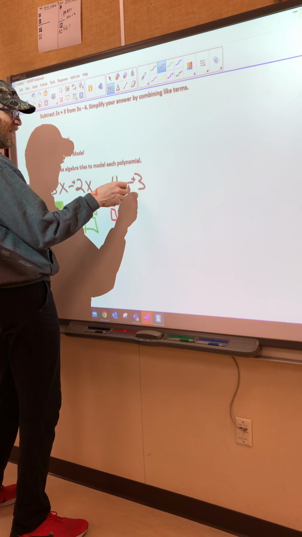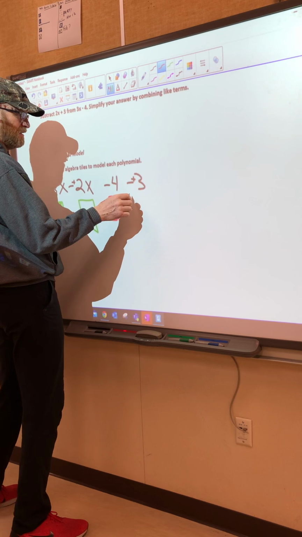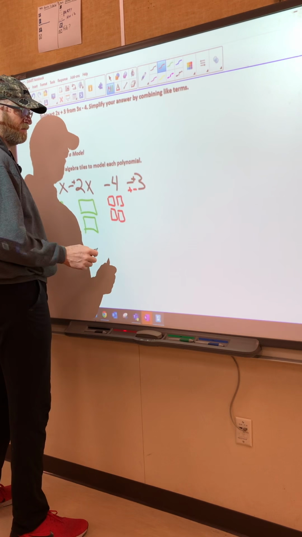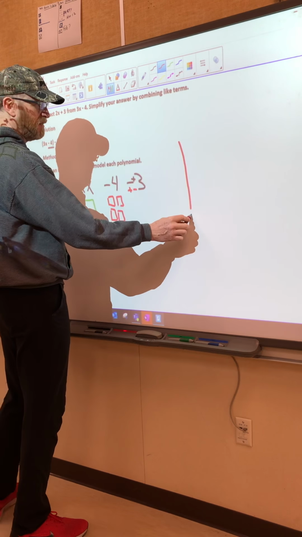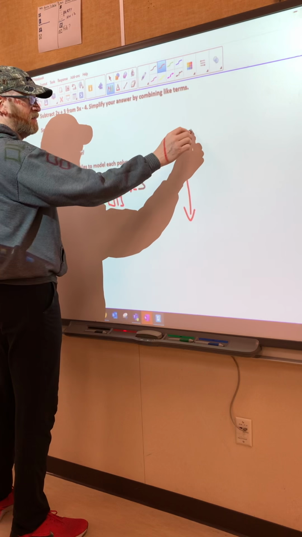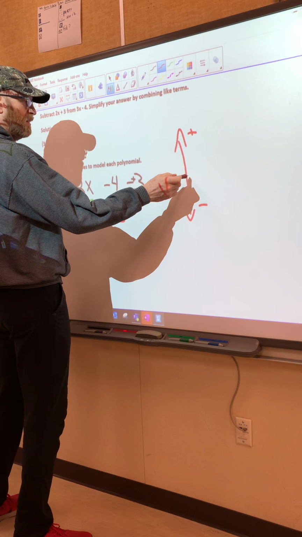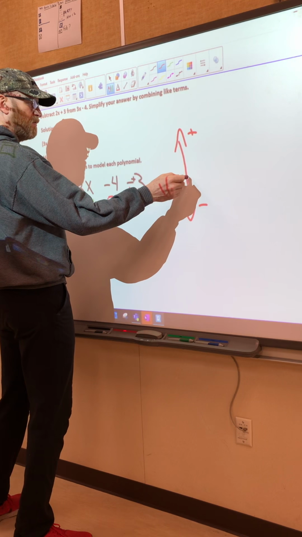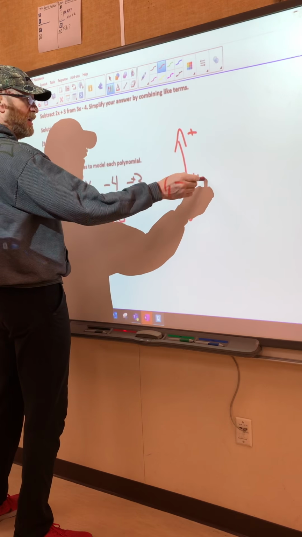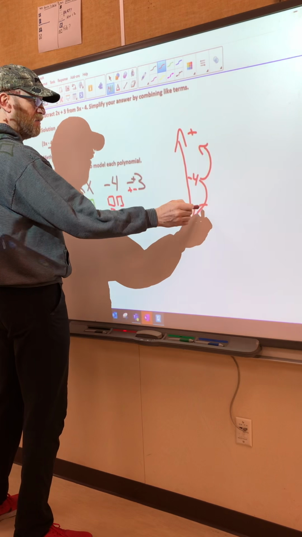Is that the same as adding negative 3? Add a negative? Well, let's look at the number line here. If we do this, say we go, I don't know, where are we starting from? Negative 4? And we can go up or we can go down.